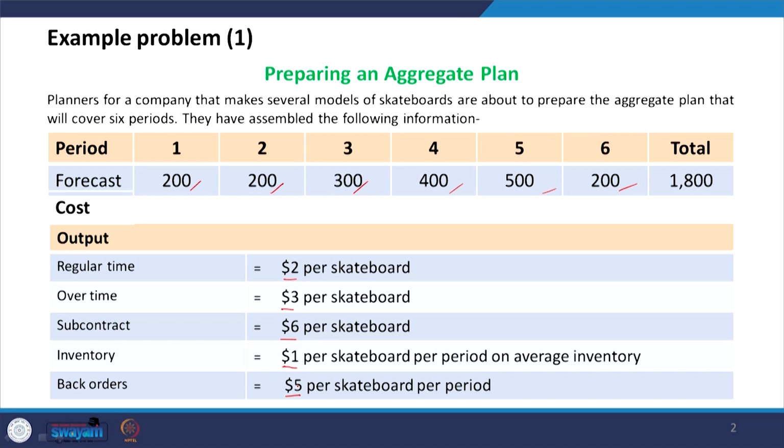We will use this data again for developing a plan which is not based on trial and error. Earlier we had a fixed number of employees, 15 if you remember, and each employee was able to produce 20 units in a particular period, and we developed the solution that in each period they will produce 300 units, and that is how we fulfill the total demand.